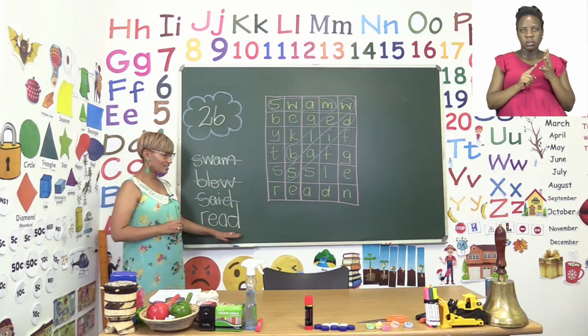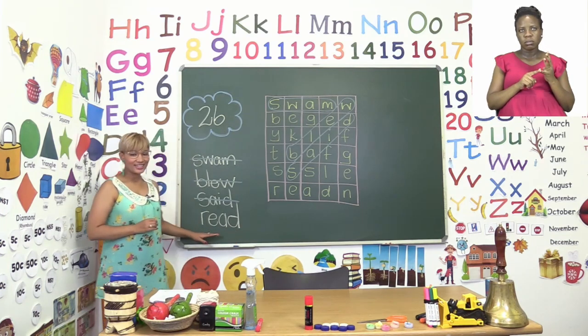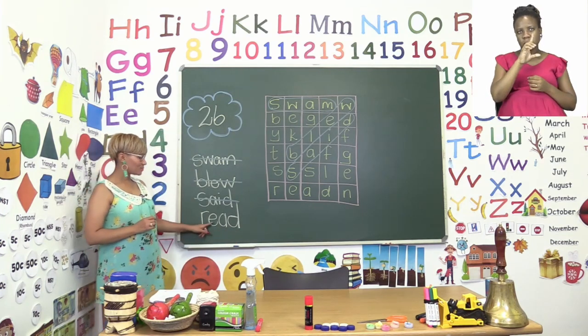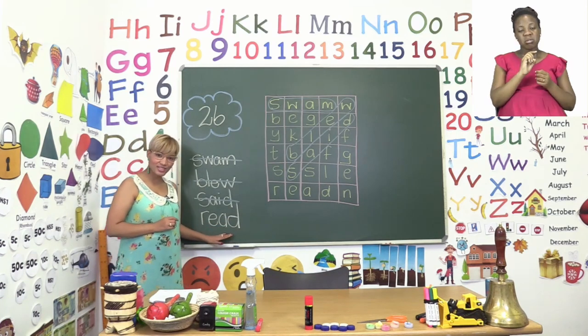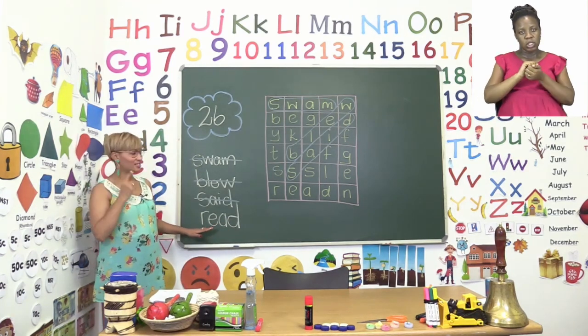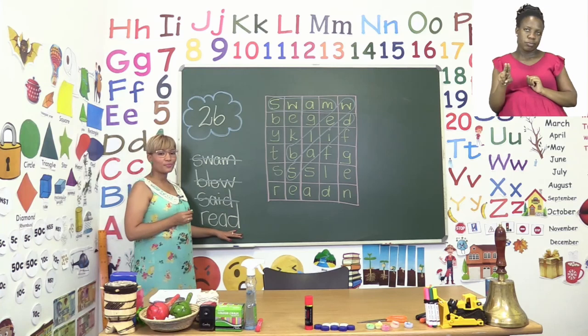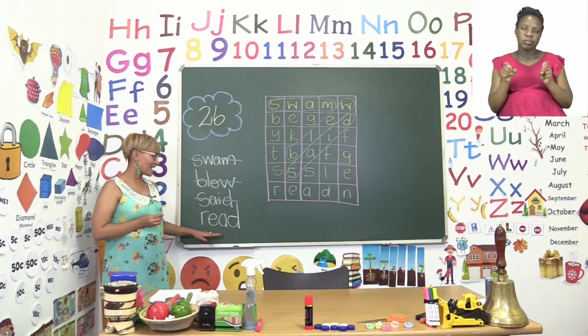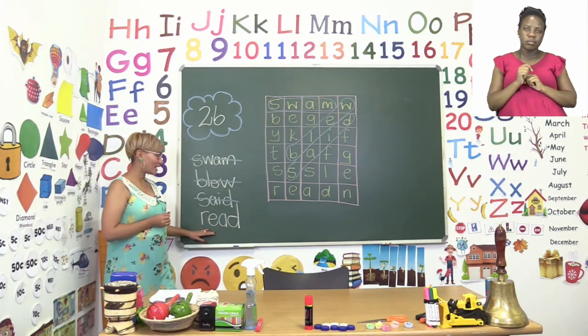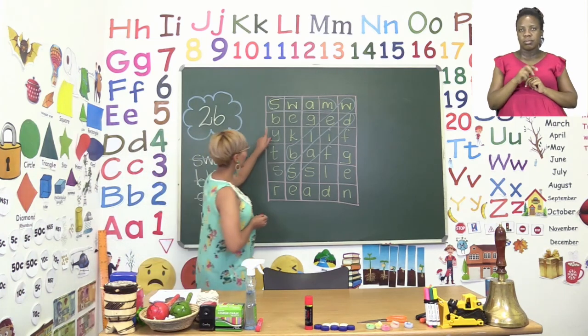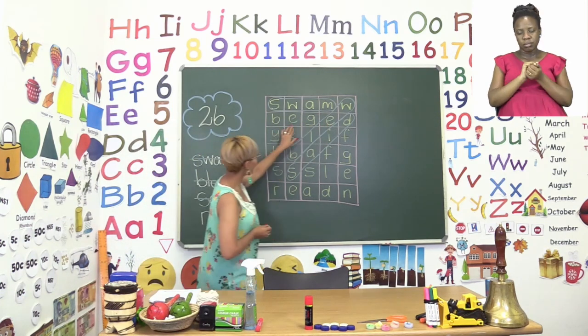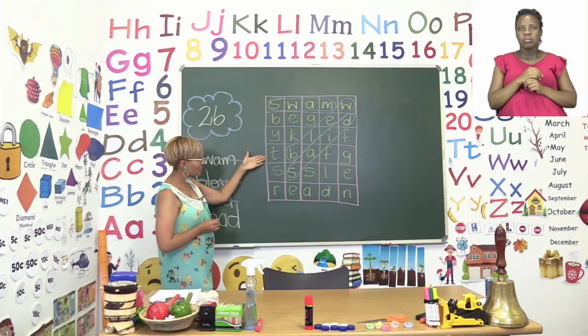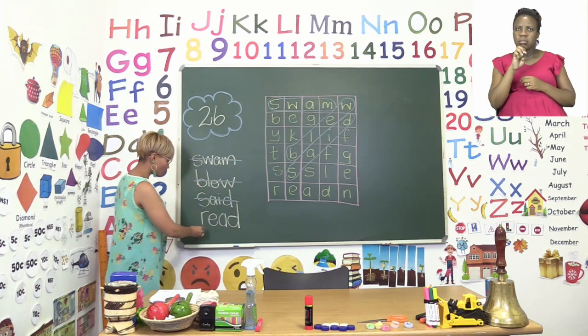Now I want us to try and find this word together. And this is the past tense of read, and although they are spelled the same, boys and girls, you will say it differently. So when we talk about the past tense of read, we say red. Okay, now let's see if we can find the word red in our word search. What is the first letter we have to look for?